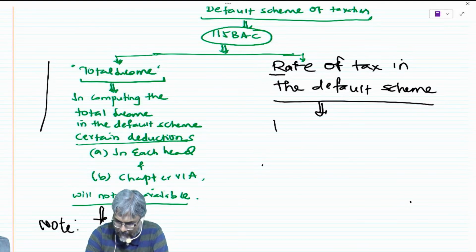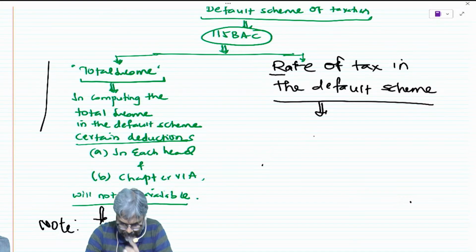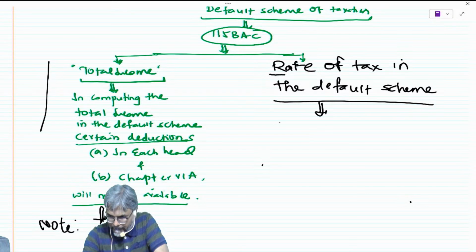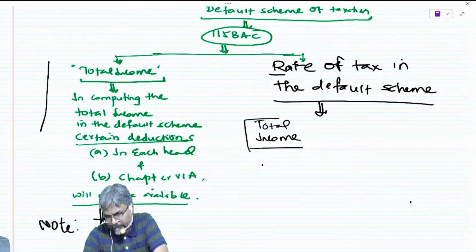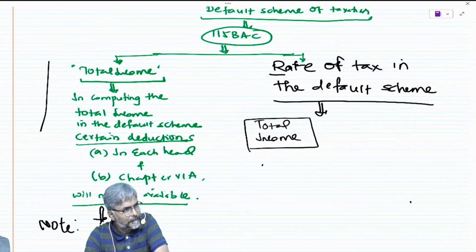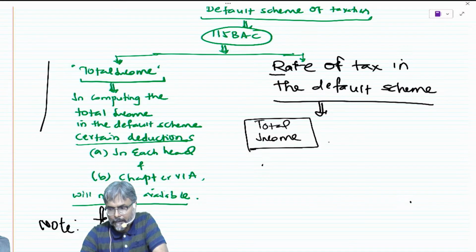You will make a table: the total income and the rate of tax.